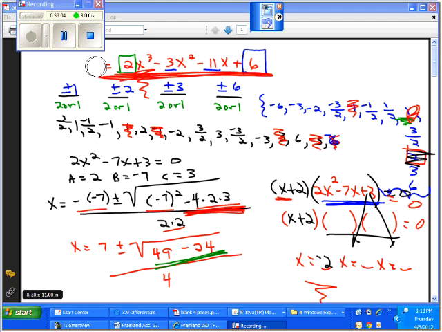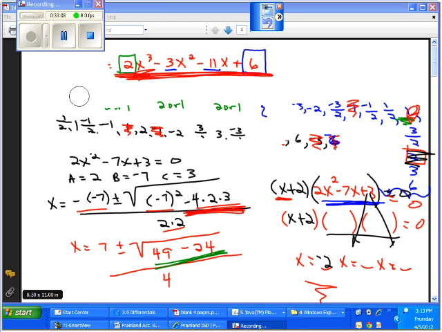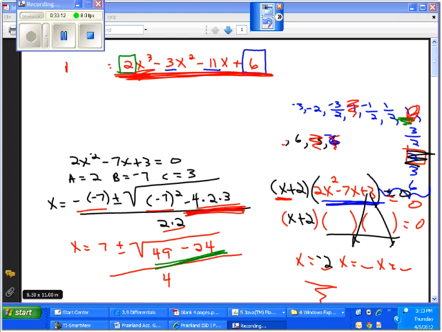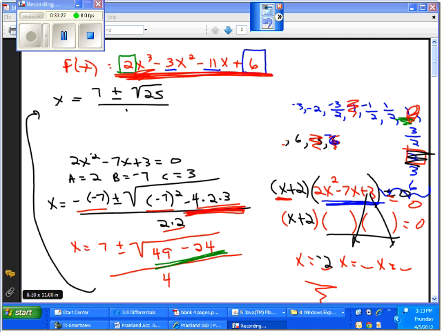And what I'm going to do is just come back up here to the top and get rid of some of this. I'll just get rid of it as I go. I'm going to go ahead and put f of x back in there. Okay? And so when I move this up here, then what I have is x is equal to 7 plus or minus the square root of 25 over 4. 49 minus 24 was 25.